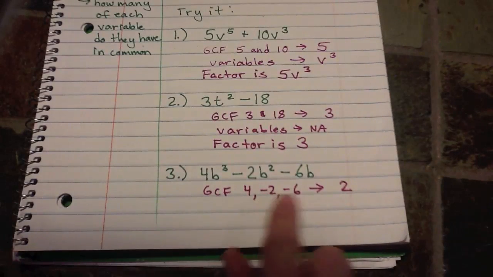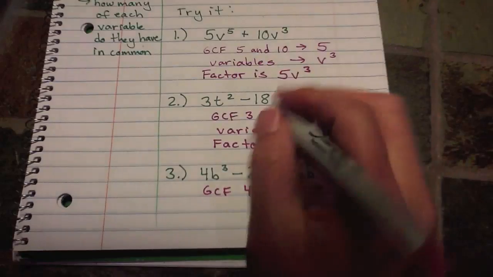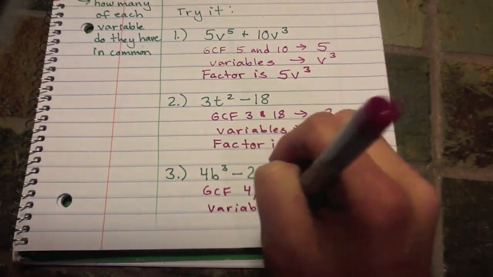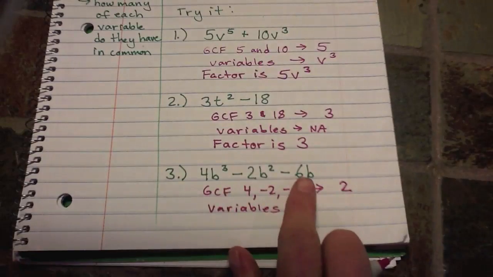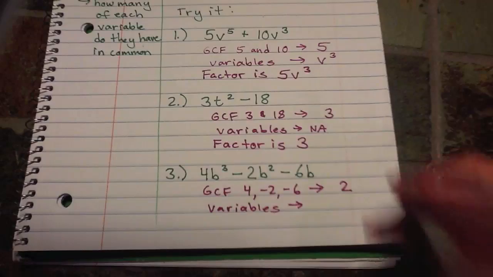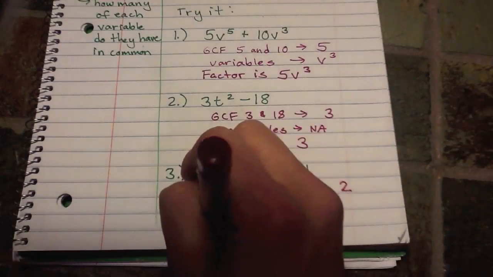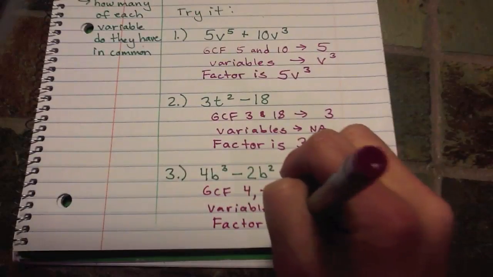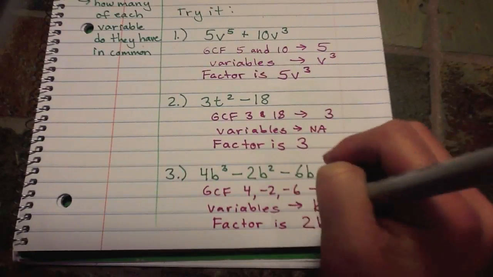But since only 2 of them were, you can leave it as a 2. And then if we're looking at our variables, we only have a b to look at. Sometimes you're going to have more than one variable. I have one b that I can pull out of each term. So it's just a b. So my factor is 2b. And that's a b, not a 6.